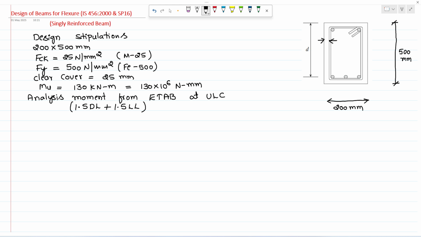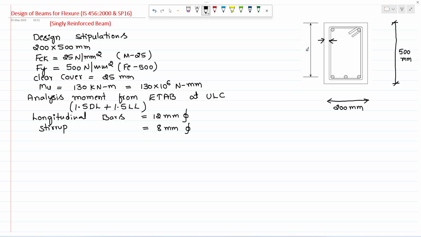So I will be using longitudinal bars of 12 mm dia, and stirrup diameter 8 mm.